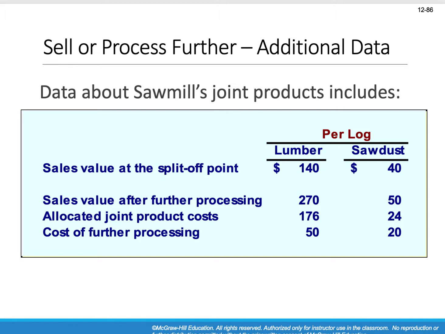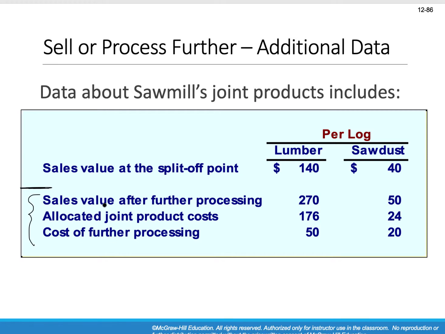And the sawdust, if we sell it as is, once we hit the split off point, we get 40 bucks. So right here's that split off point. Now we need to figure out and calculate all this additional information.